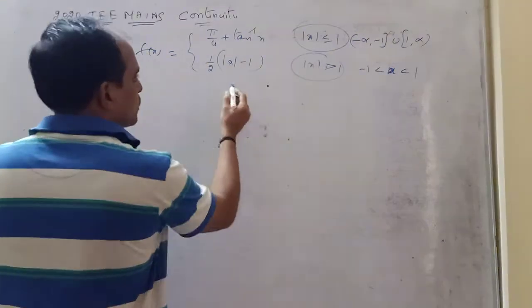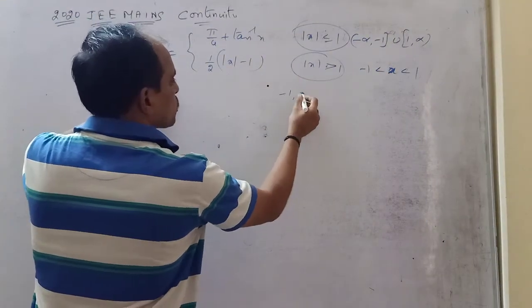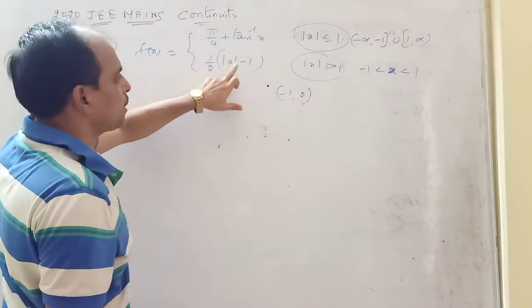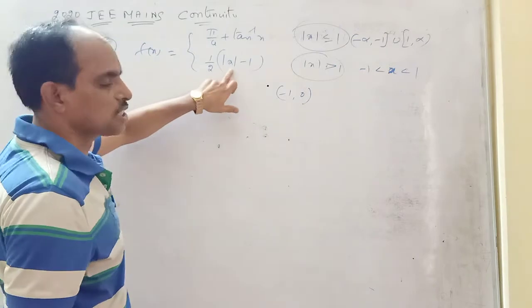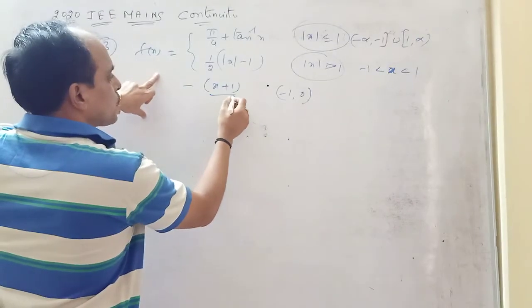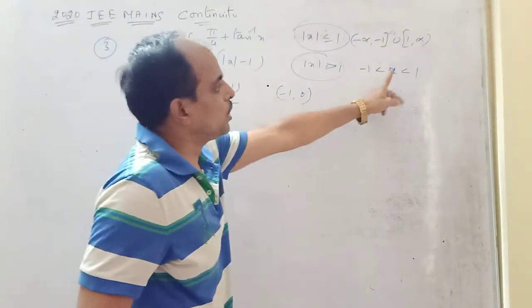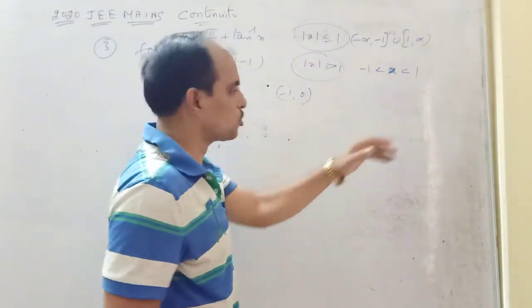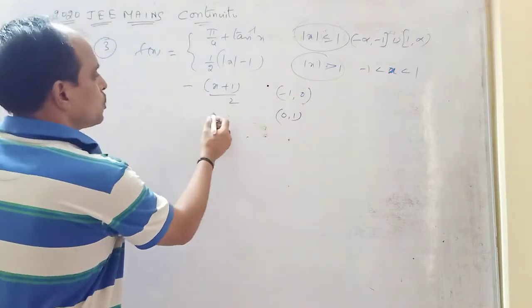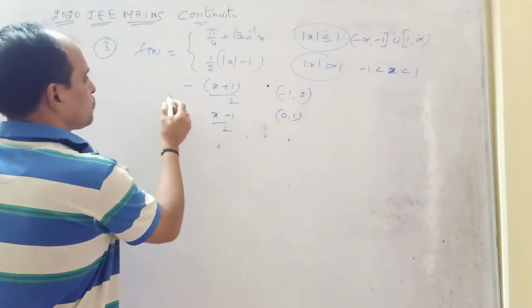So I am going to write this one as in between minus 1 to 0, mod x is negative, so minus x minus 1 by 2, this is minus x minus 1, so taking minus as common, minus of x plus 1 by 2. And again we have one more interval, that is 0 to 1, it is positive, so x minus 1 by 2.